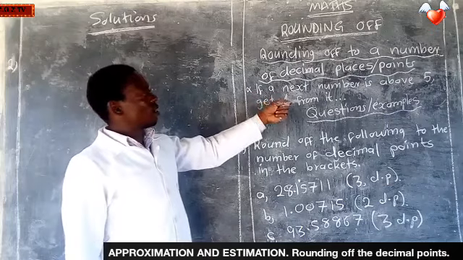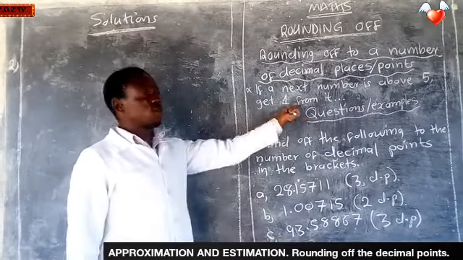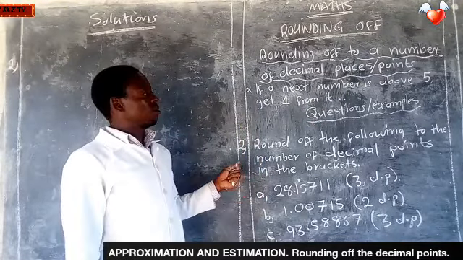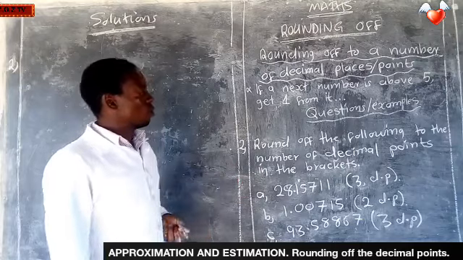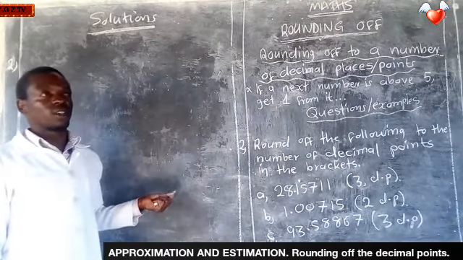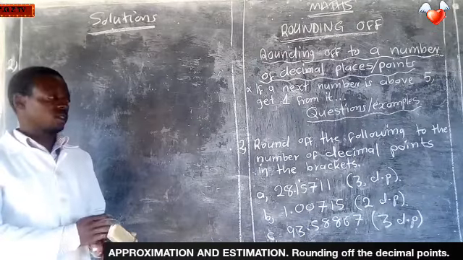If the next number is above 5, get 1 from it. The meaning is the same. Meaning, after rounding off, you check whether the number is above 5 or not. Then just get the 1 and add it to the previous number.